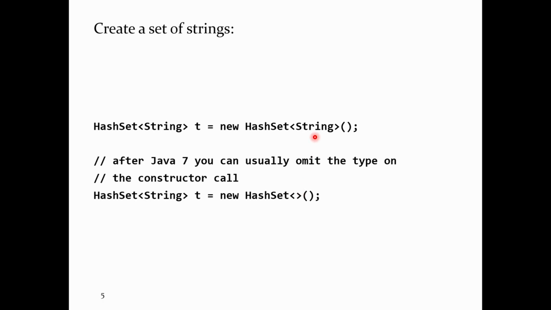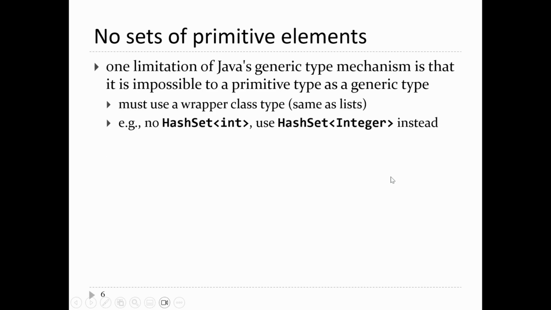In newer versions of Java, you can omit the element type on the right-hand side, so you can just write new HashSet, angled brackets, round brackets. That gives you an empty set that you can now populate with some strings. Just like with lists, you can't make sets of primitive type. If you want a set of integers, you make a HashSet of Integer instead.